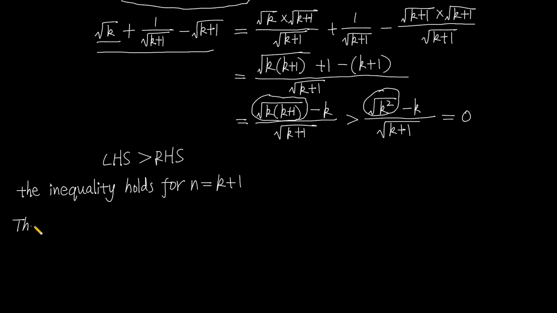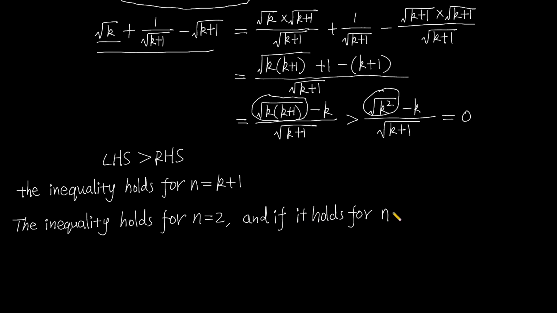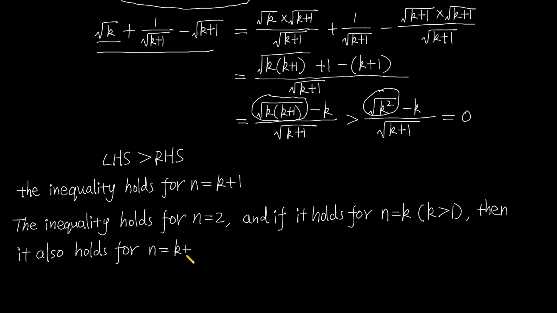Conclusion. The inequality holds for n equals 2. And if it holds for n equals k, k larger than 1, then it also holds for n equals k plus 1.